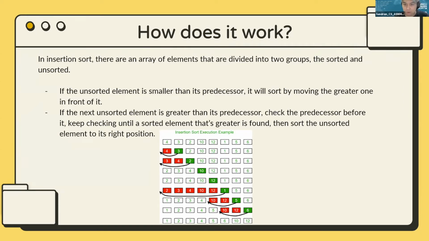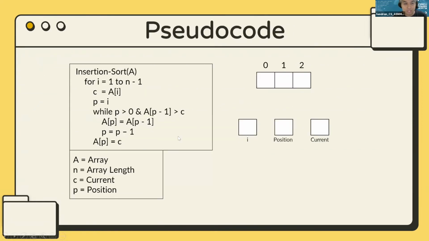Of course, it's less than everything else behind it, like 12, 10, 4, 3, 2. It keeps checking that. And then depending on its position, of course, it sorts itself to the correct position right away. And then it keeps doing that. And then we have the end result, which is the sorted position. Right, next is pseudocode. Thank you.